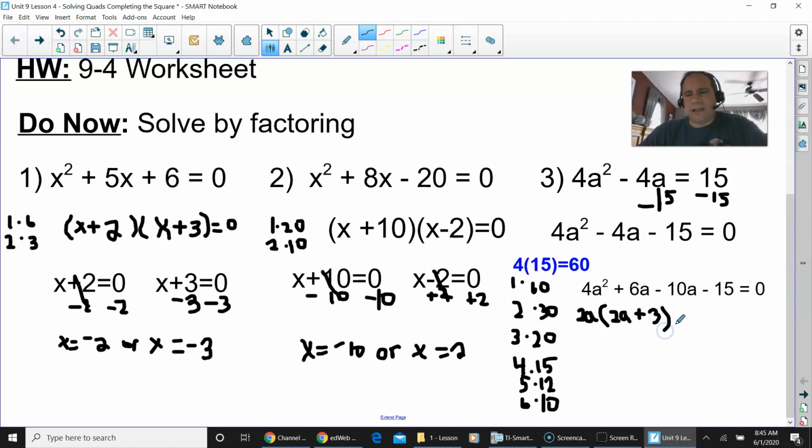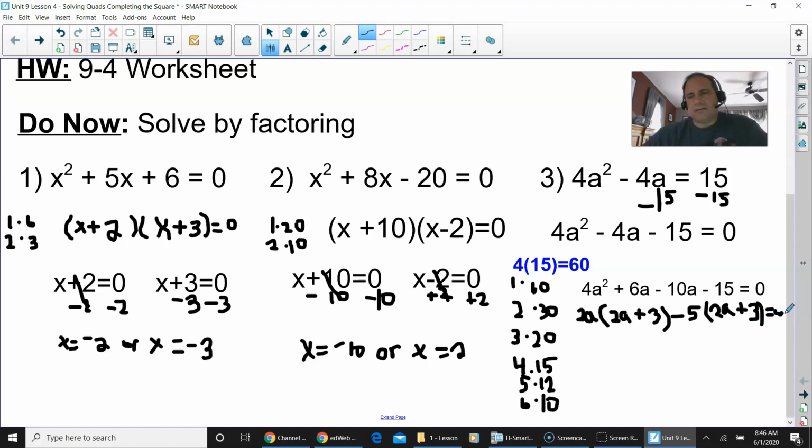And that 2a plus 3 should be on the other side too. But the greatest common factor of 10a and 15 is 5. So 5 times what equals 10a? There's the 2a. And negative 5 times what equals negative 15? That is positive 3. So you take a little look at it, inside the parentheses, remember, is the same.